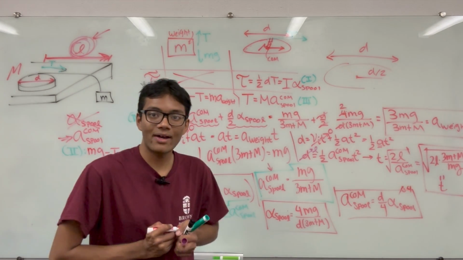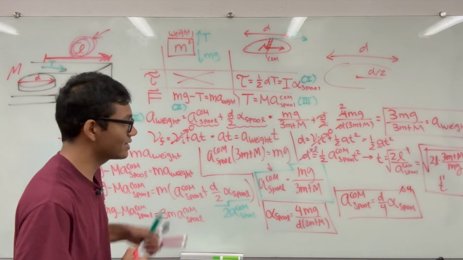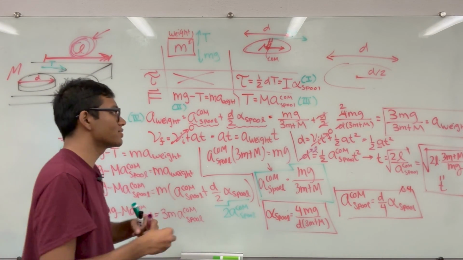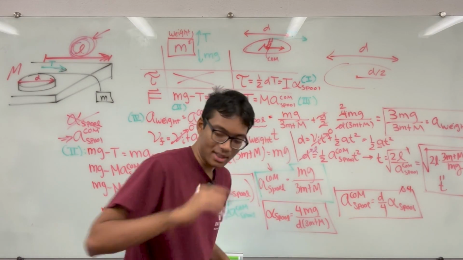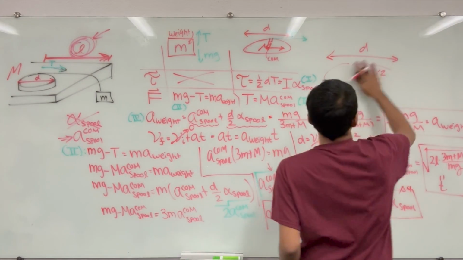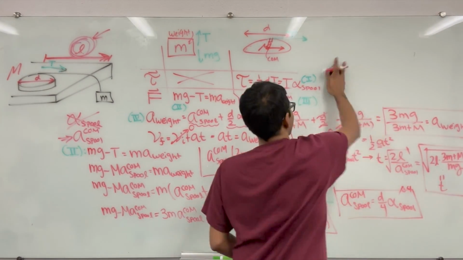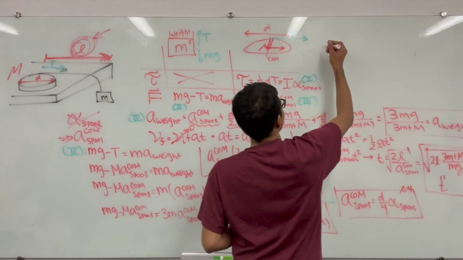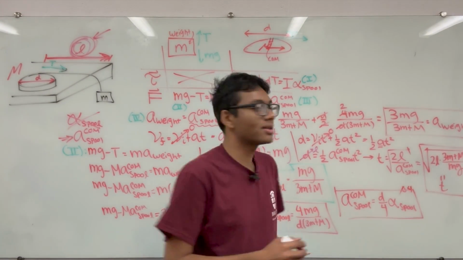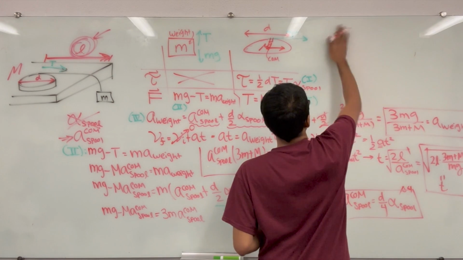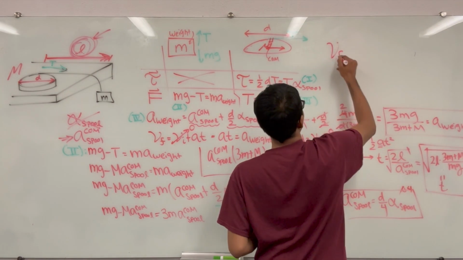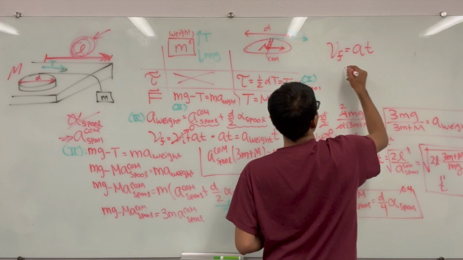Now that we have the time, now that we have the acceleration, all we have to do is child's play. Now even a baby can figure out that the final velocity is acceleration times time.